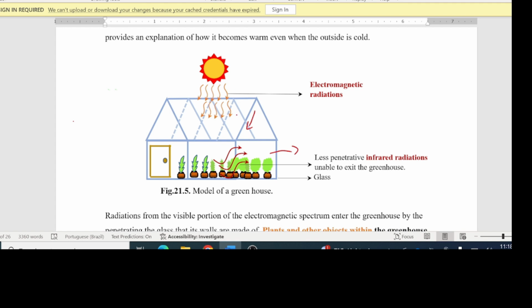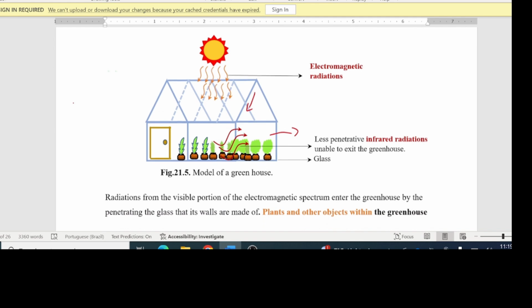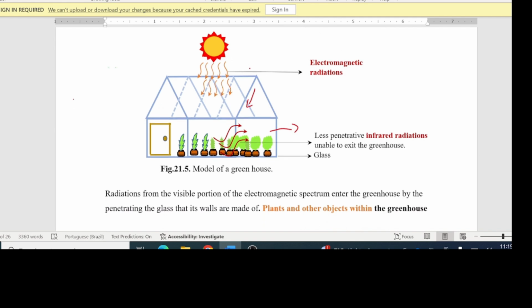Electromagnetic radiation such as visible light is able to pass through the glass walls from which this greenhouse is made. When that happens, the objects within the greenhouse, any object, the plants, the flooring, etc., absorb these radiations, but they produce infrared radiations. Infrared radiations are not as penetrative as these electromagnetic radiations that are coming in.